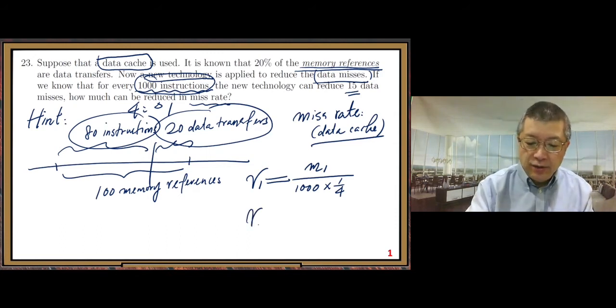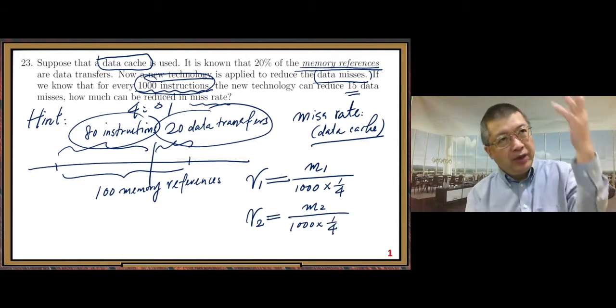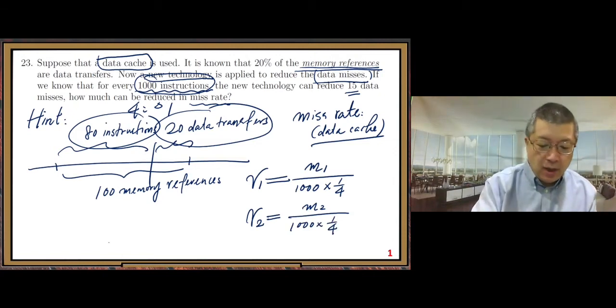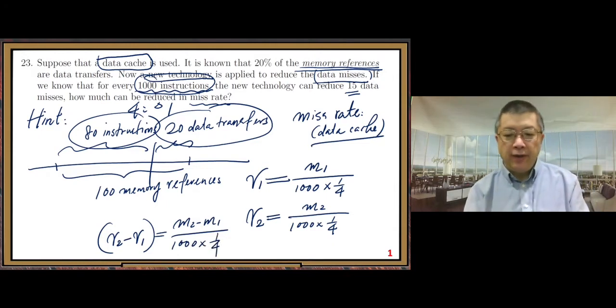Okay, R2 is M2, with the same denominator. Then we take the difference: R2 minus R1 equals M2 minus M1, with the same denominator.